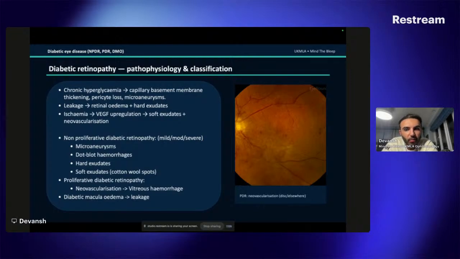We would see small hemorrhages that we refer to as dot blot hemorrhages. We would see hard exudates and soft exudates. On the other hand, in proliferative diabetic retinopathy, we would expect to see neovascularization, so the formation of new blood vessels. That increases the risk of vitreous hemorrhage, which we'll look at as a separate condition in a few minutes' time. Diabetic macular edema, again, is another type of presentation that we could see, again due to the leakage occurring from the blood vessels.